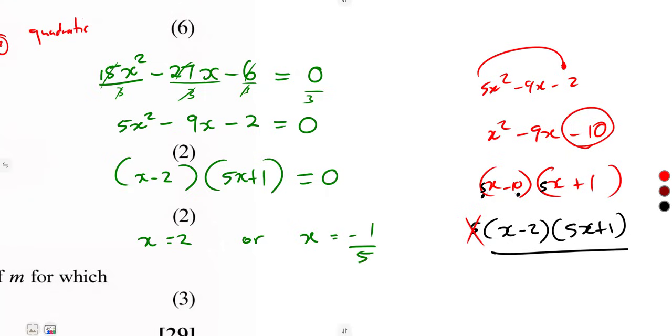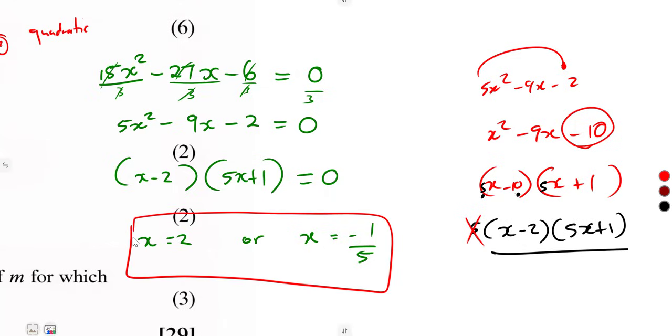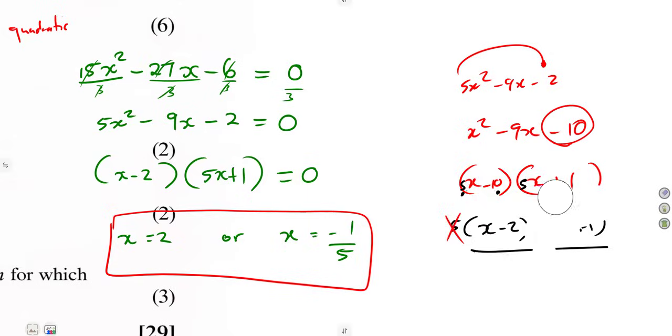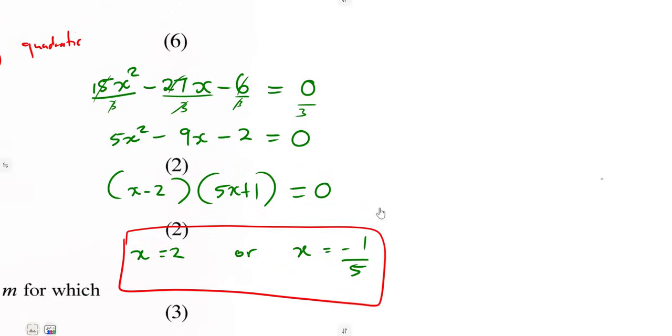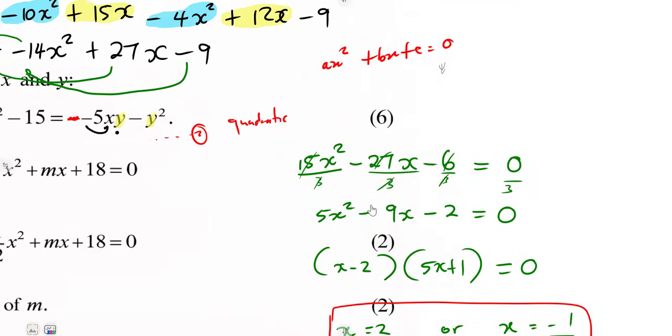By 5. So these are the values of x that we are going to have, two values of x. So it was actually solving a quadratic equation. At the end, we had to solve the quadratic equation that's having two possible values.